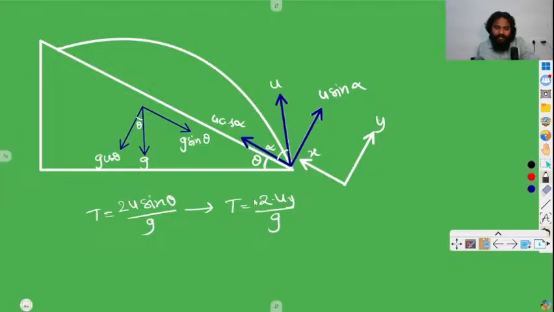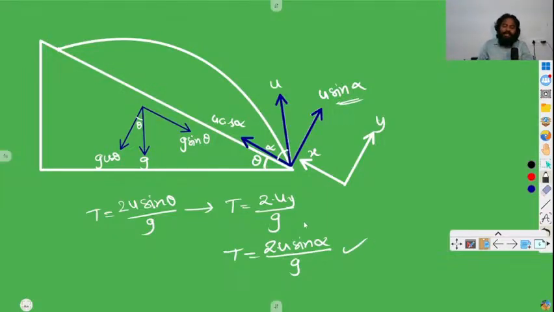This is the time of flight. So use this equation here. Time of flight is equal to 2 into uy, which is u sine alpha, so 2u sine alpha by g, right? This formula you can use, you will have the time of flight.